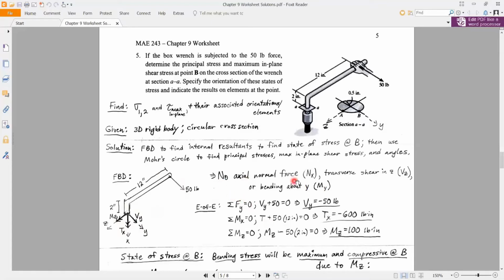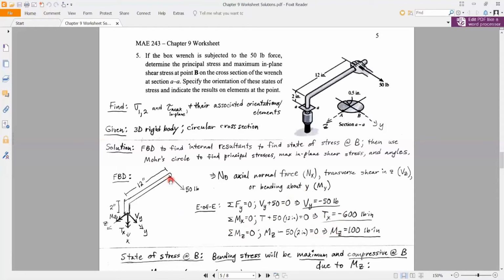So we don't have an axial normal force, that would be in the x direction, from how we drew our axes here, a transverse shear in the z direction, or a bending moment about the y-axis. But then we will have a shear force reaction in the y direction, a moment about the x-axis, which we'll call our torque, and a moment about the z-axis, which will be a bending moment.